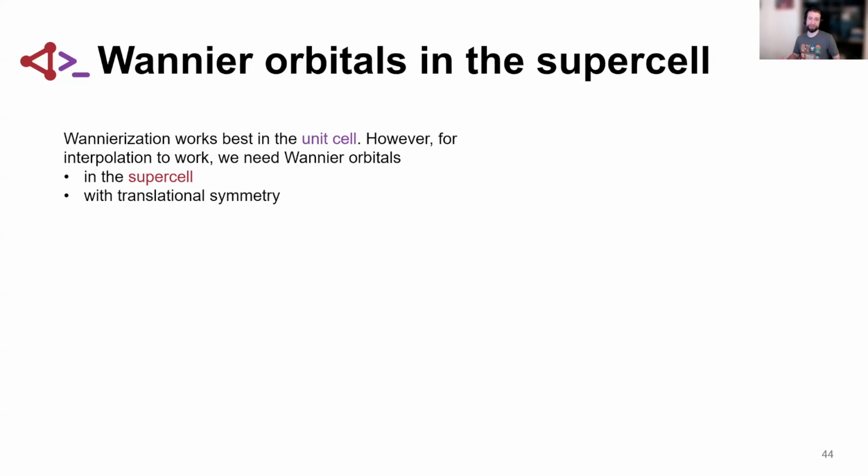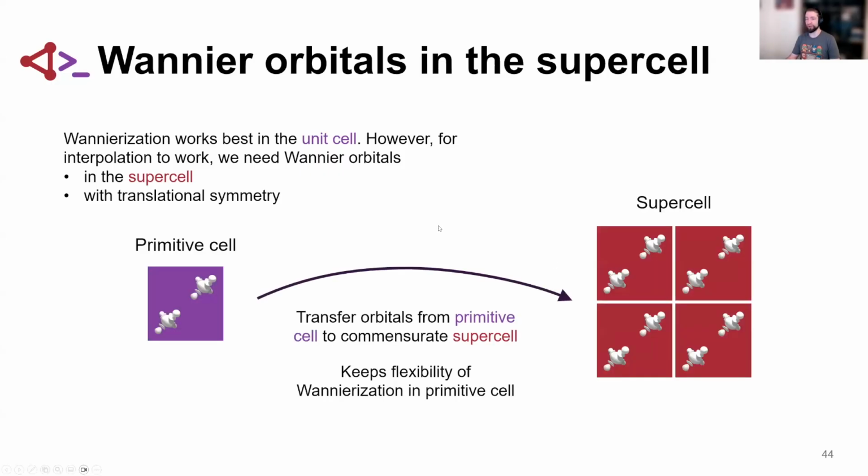You have issues with translational symmetry because we do need translational symmetry in order to perform our Fourier sum. So what we add is a way to transfer the Wannier orbitals from a primitive cell, where you can do all kinds of things like MLWF, SCDM before that, disentanglement, and everything works very nicely. And you can take that information and transfer it into a supercell by essentially duplicating the Wannier orbitals translationally. And in that supercell, you can then perform your electron-phonon physics.